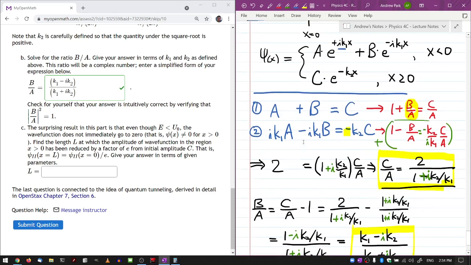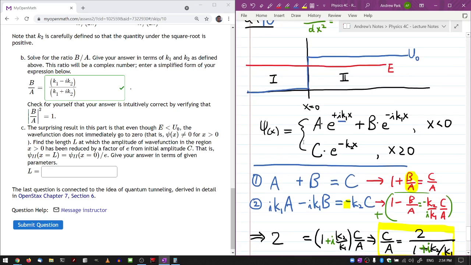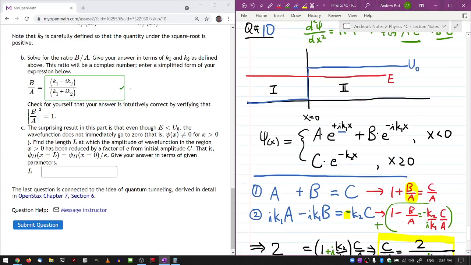Oh, I think it's giving us everything here. So we know that the wave function in the positive region is c times e to the minus k2 x. So we are starting from c, so that's good.